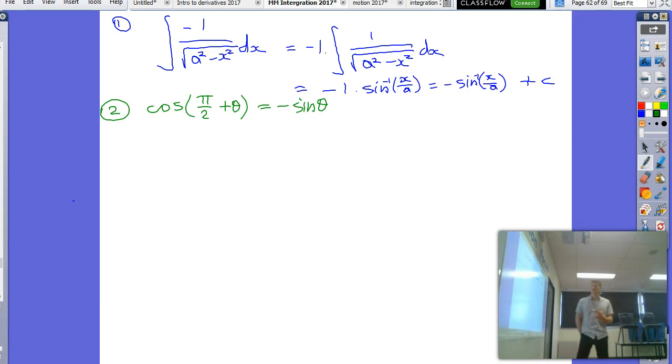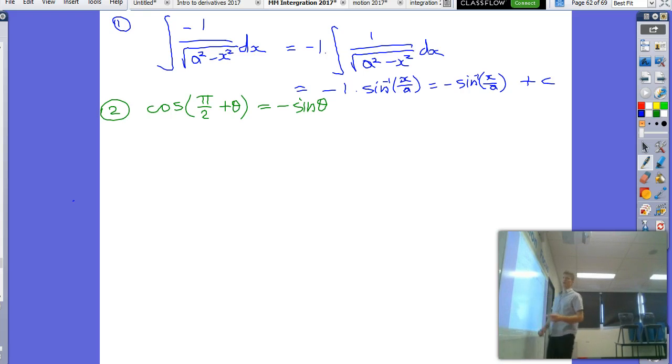Well, that seems kind of like what we're doing at the moment, where we saw that what should have been the integral giving us inverse cos, in fact, we got a negative inverse sine. Well, this is similar structure to this, isn't it? Cos of some angle is equivalent to a sine of an angle. Okay, so let's build upon this.